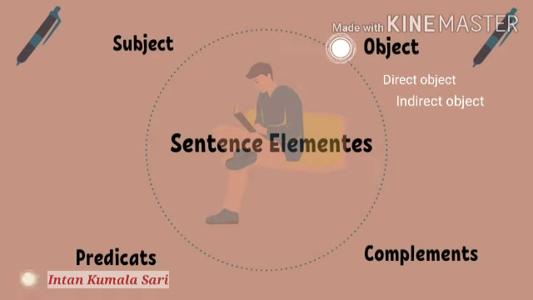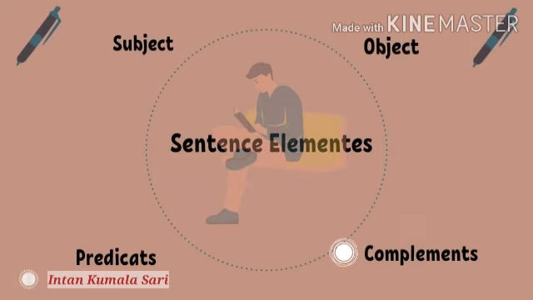And the next is prepositional object. Prepositional object is a noun or pronoun answering whom or what after a preposition in a prepositional phrase. And the next is complements. Complement is any word or phrase that completes the sense of a subject, an object, or a verb.